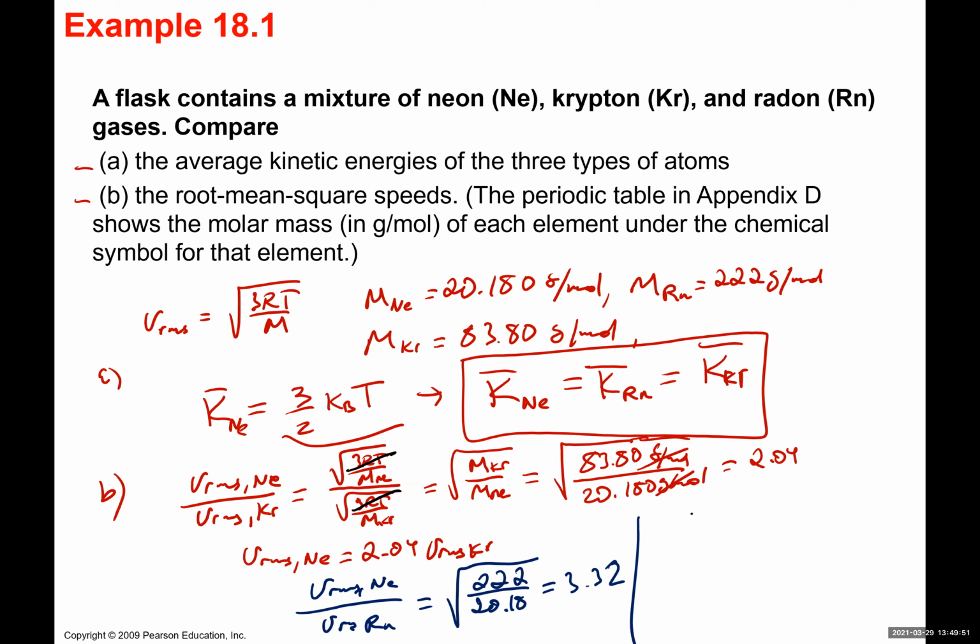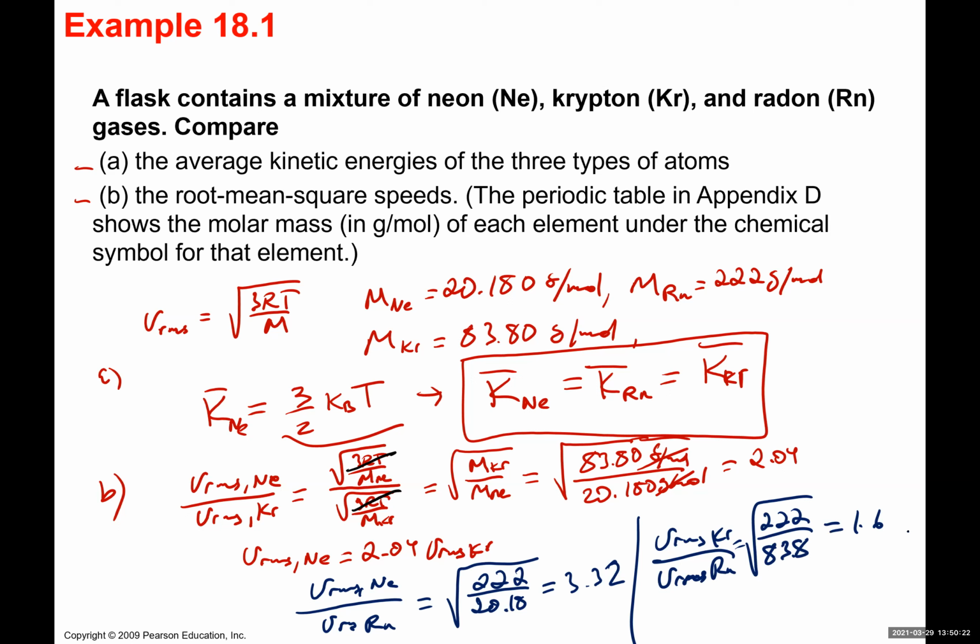And then we can also do VRMS of krypton over VRMS of radon. So this will be 222 over 83.8. So then we get 1.6. That means the krypton is moving about 1.6 times faster compared to radon.